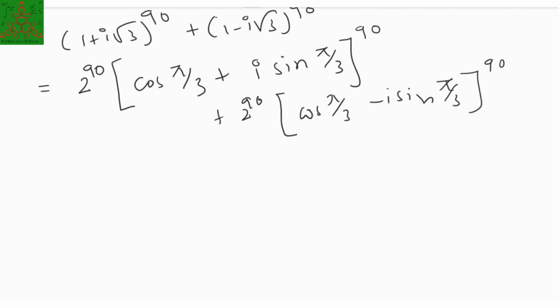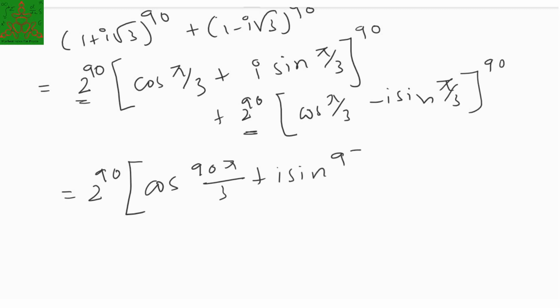So I can take 2 raised to 90 common from this expression, and using de Moivre's theorem or de Moivre's formula, I can write this as cos 90π/3 plus i sin 90π/3, plus this is also true, so there is cos 90π/3 minus i sin 90π/3.